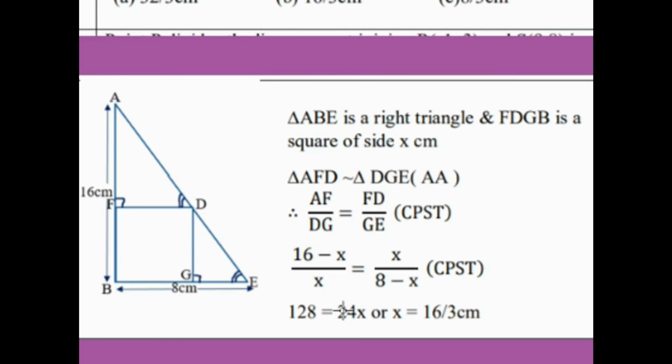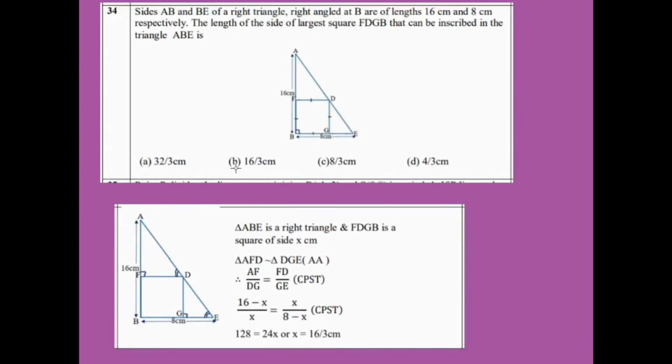FD is also X and GE will be 8 minus X. GE is nothing but BE minus BG. So 8 minus X. So cross multiply, when two fractions are equated, we have to cross multiply. After solving, we will get the answer as 16 by 3. Correct option for 34th question is B, 16 by 3 centimeters.